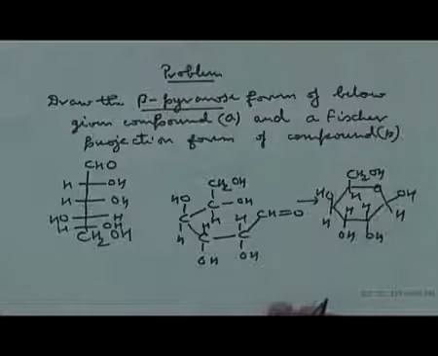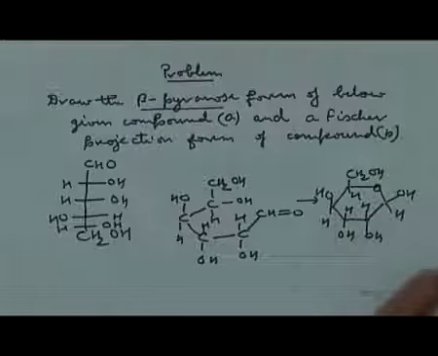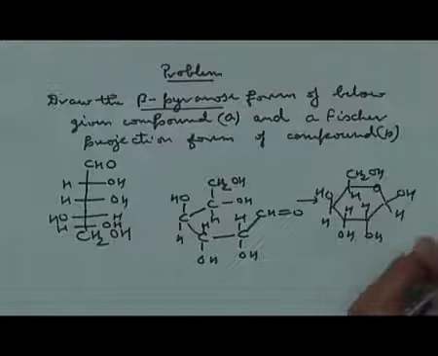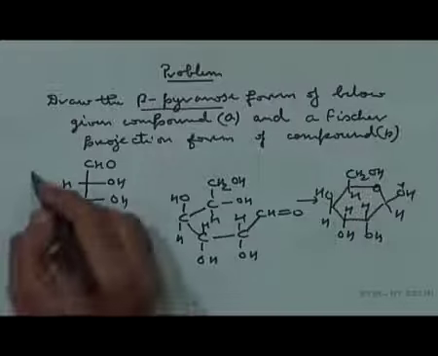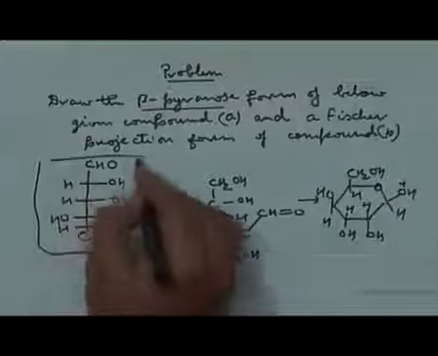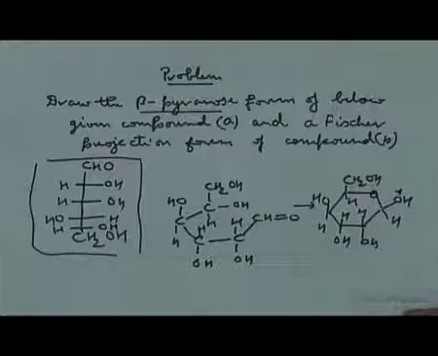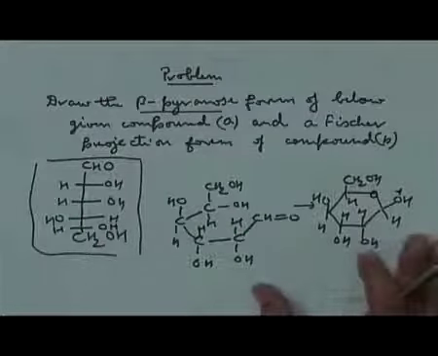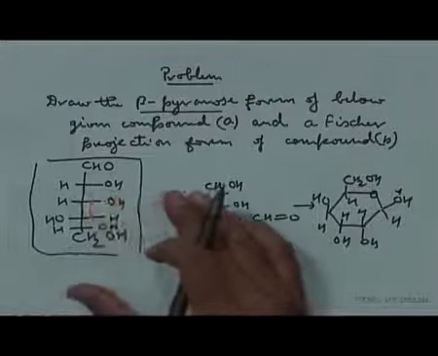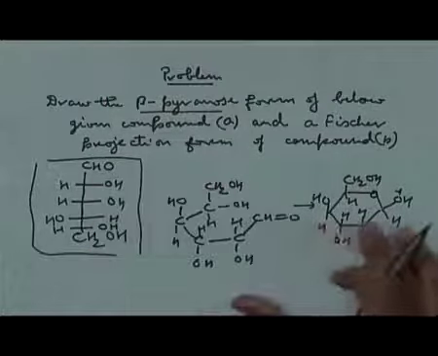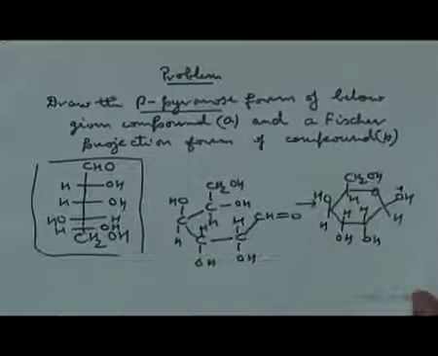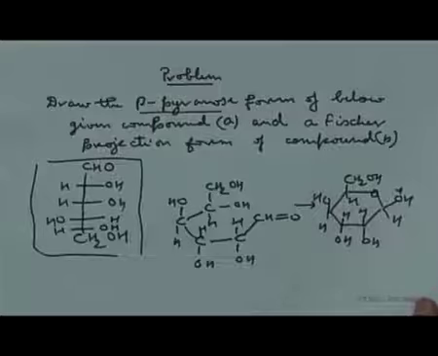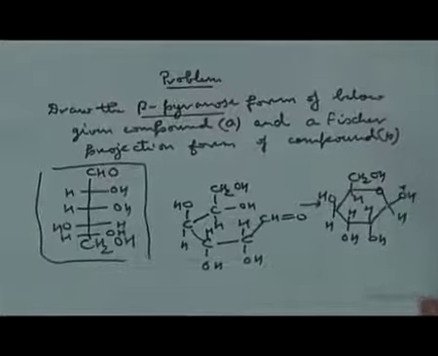So, this is the structure for the beta pyranose form of the given Fischer projection formula. Now, I think you have a better understanding. Once you know the Fischer projection formula, then you can easily translate into the Haworth projection formula, the cyclic one, for the acetyl formation.